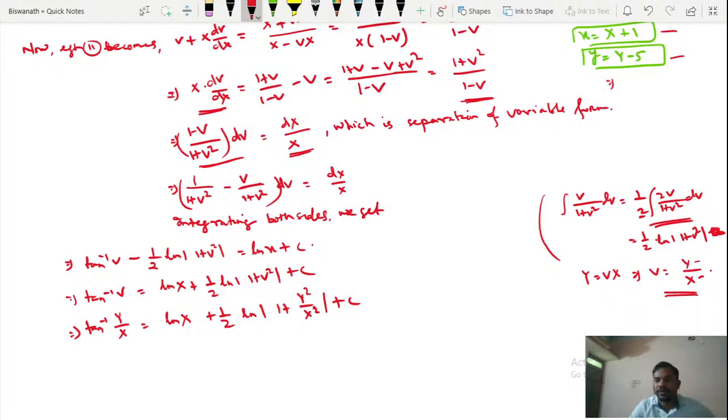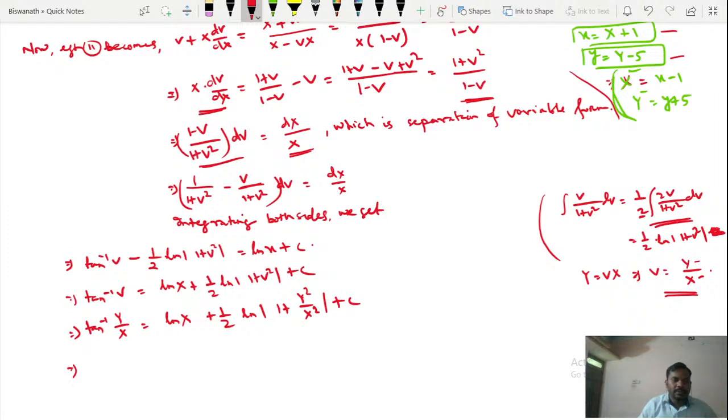And I already told you this x is this one, y is this one, and this is in small xy. So if I replace, what will be your capital X? In place of capital X, I can write x minus 1, and capital Y is small y plus 5. So I can replace capital X and capital Y by these values.